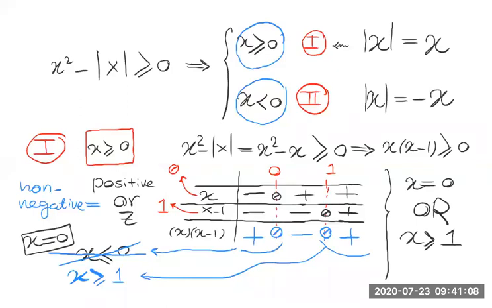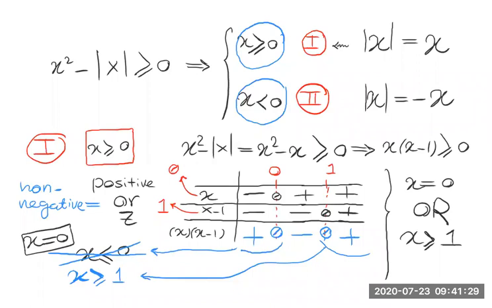Now we should look at the second part. Okay? Now let's consider the part where x is negative. Because the point is that this thing, if it's negative, it's bad. If it's 0, it's okay.